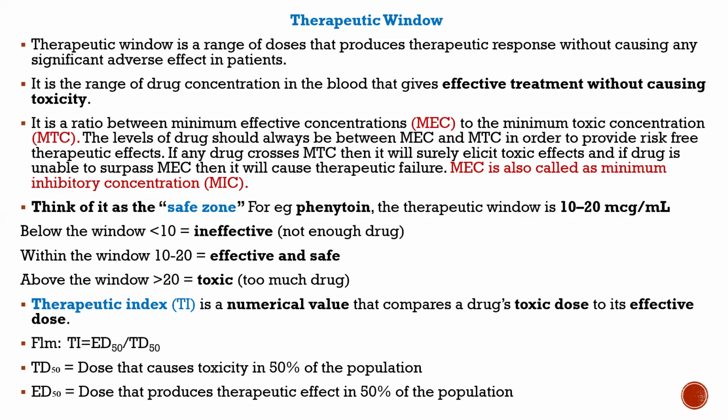But if there is a higher dose or overuse of the drug, the drug will have the possibility of being toxic, all right? But this therapeutic window is talking about that range a drug must be in order to be safe and effective. Do you understand?